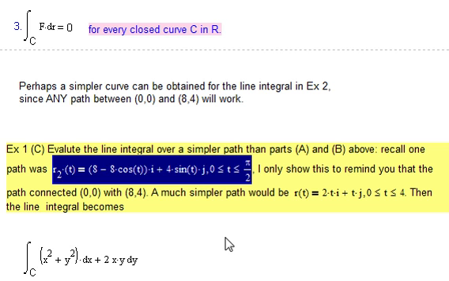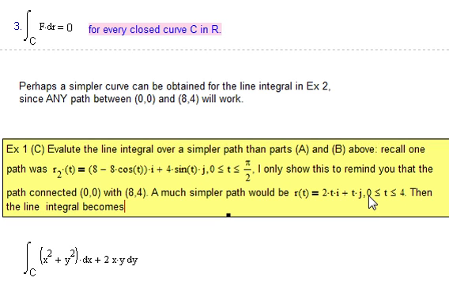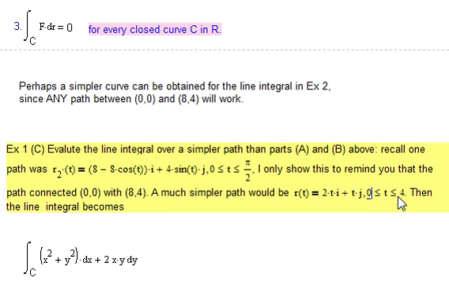Neither one was nice. How about if we just took the path 2t i plus t j? Remember, this line we're looking at had slope 1/2. So let's just use the line segment that connects the point 0, 0 and the point x equals 8, y equals 4. And for t going from 0 to 4, that is the same path.